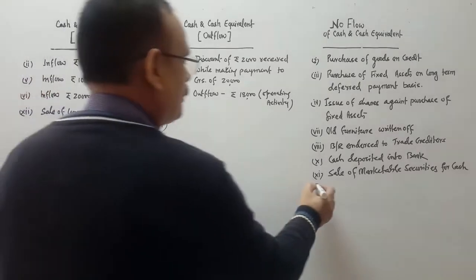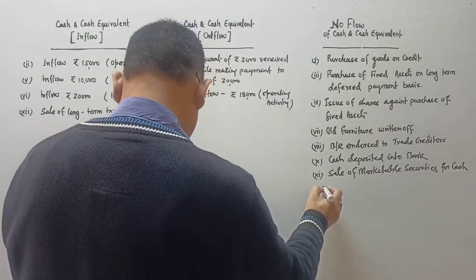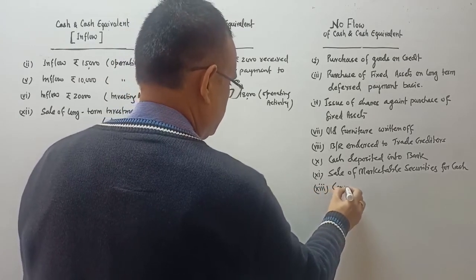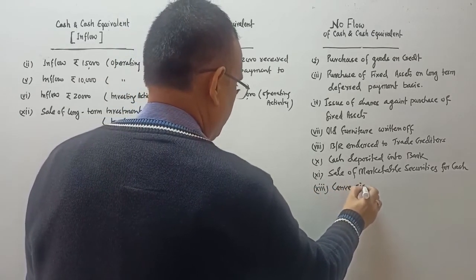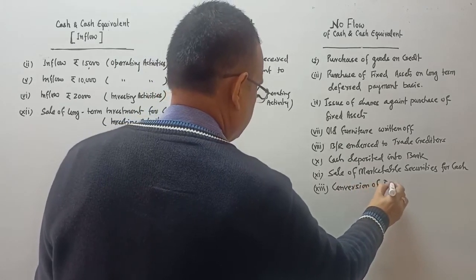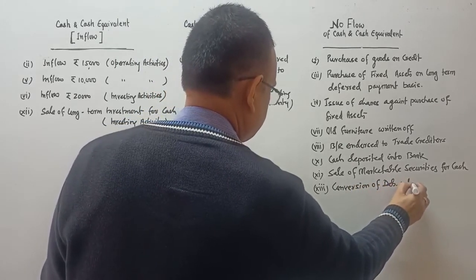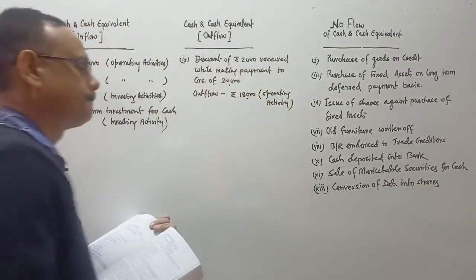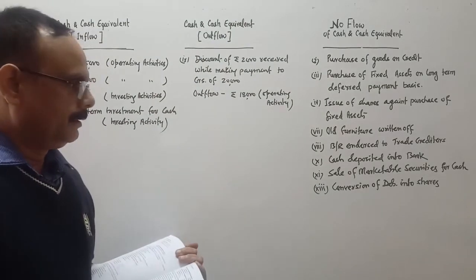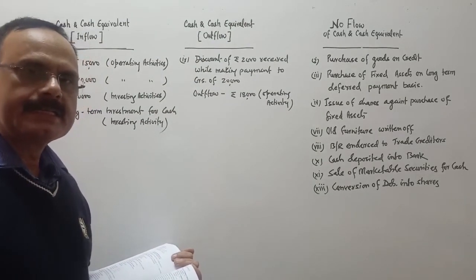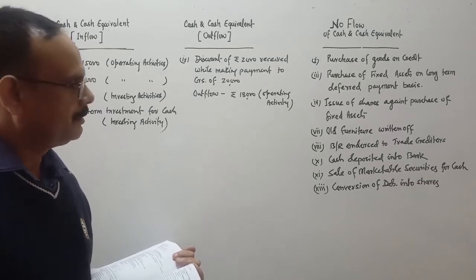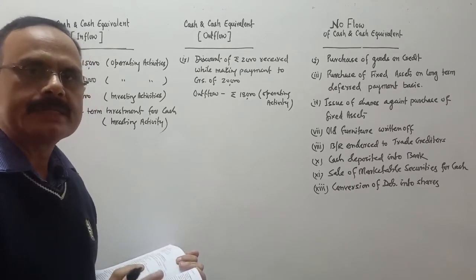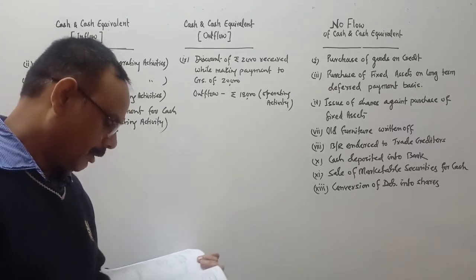So conversion of debenture into shares, point number 13, has no flow of cash.